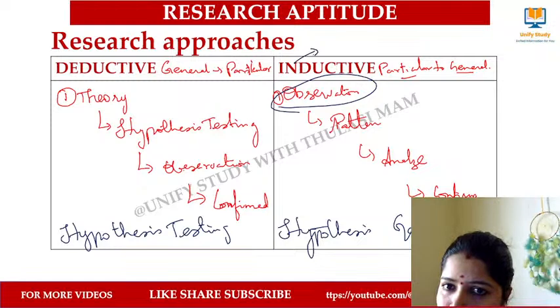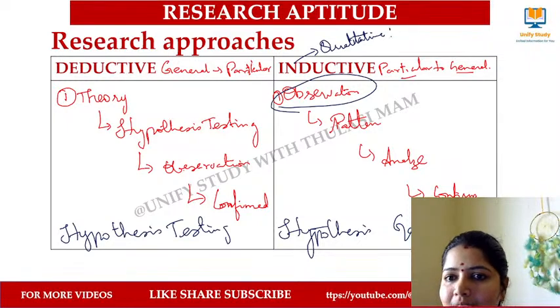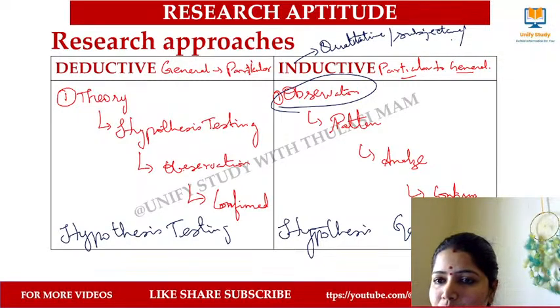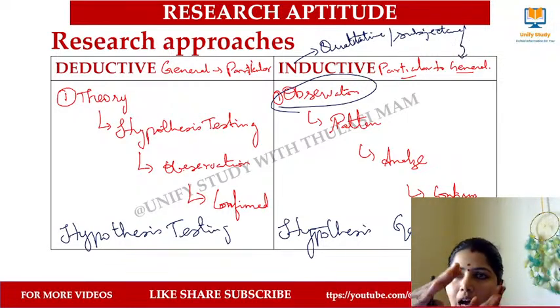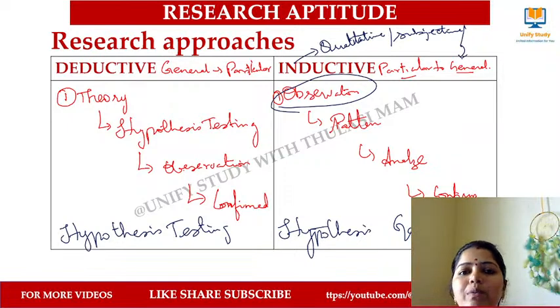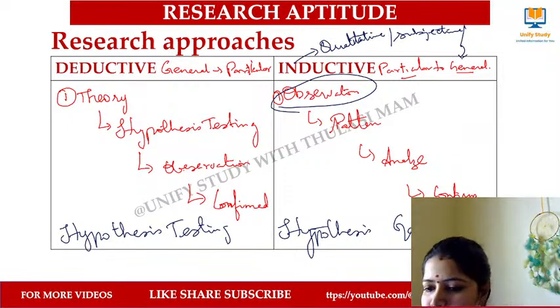Inductive means what? What are the allied words? Qualitative research. This is how we have to remember it for your exam. Inductive means qualitative. Qualitative means subjective in nature, and this is a qualitative data set. It moves from particular to general. These are the synonymous words to remember in the examination.